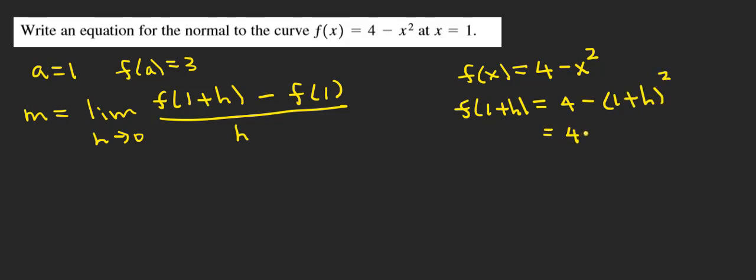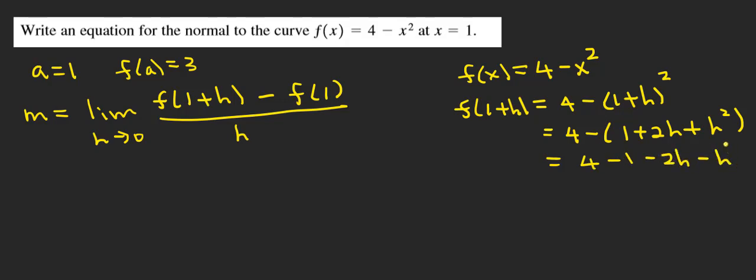When you multiply this out, you're going to get 4 minus the quantity 1 plus 2h plus h squared. Distribute the negative. You're going to get negative h squared minus 2h plus 3. That's going to be our f of 1 plus h.